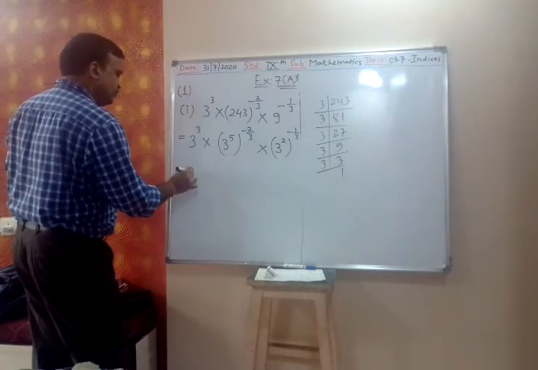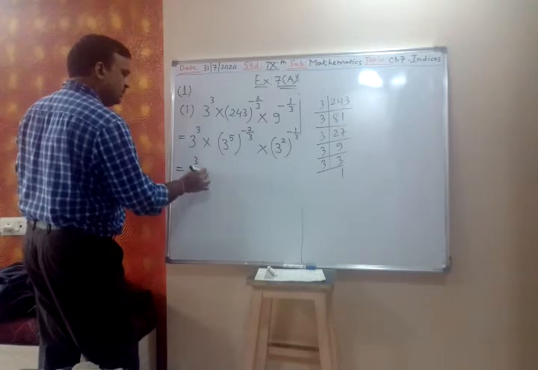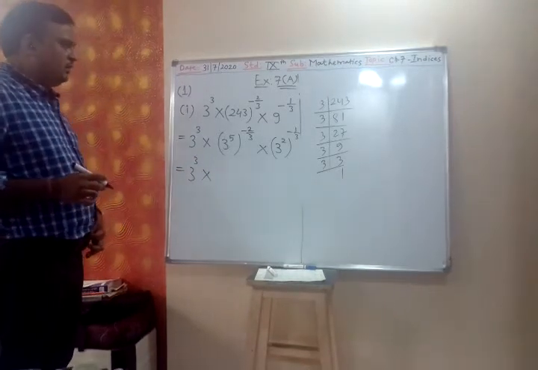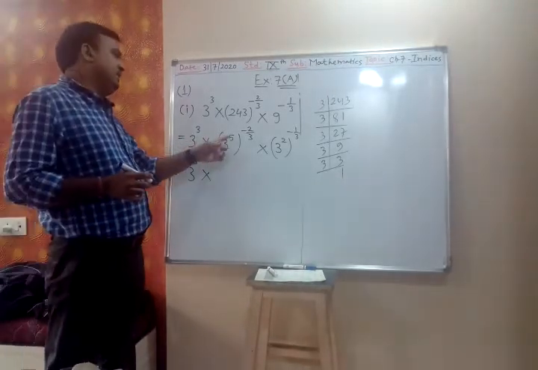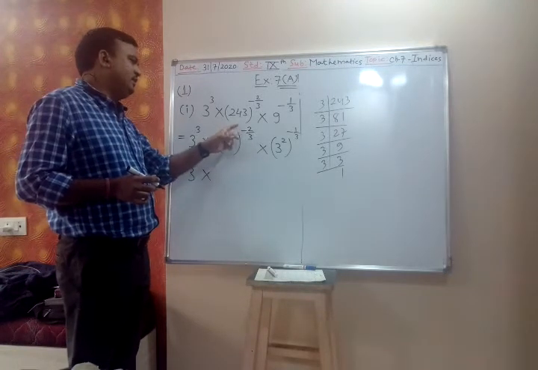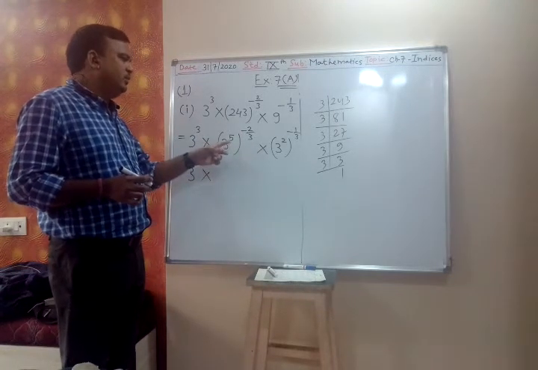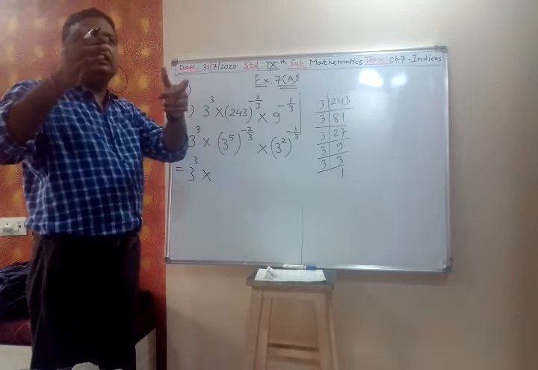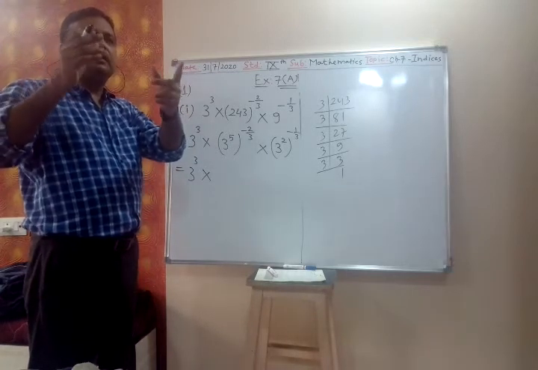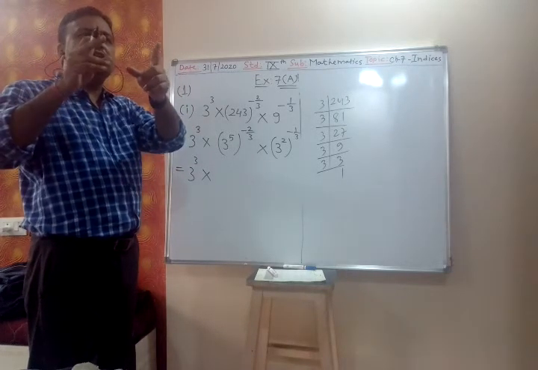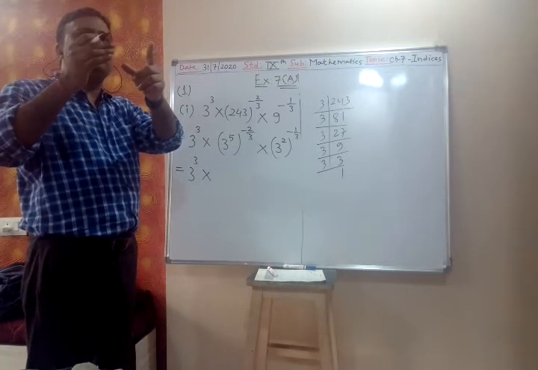So this is 3 raised to 3. Whenever you have denominator and numerator, then take the reciprocal. But if there is only numerator and the power is negative, don't take reciprocal.